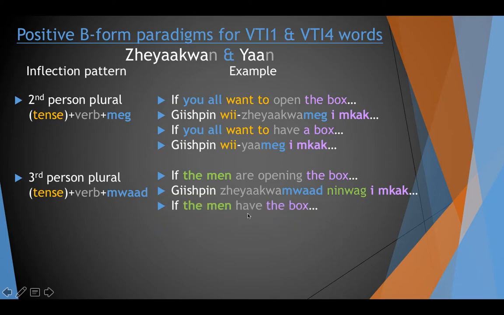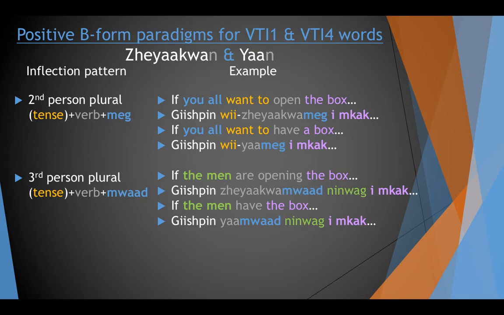So now we got if the men have the box. So I'm going to leave this up to you guys to translate. Remember, we were just replacing jeakwa with ya. So the work's pretty much done for you there. All right, so let's take that up. It should be Gishbin yamwad ninwak imkuk.